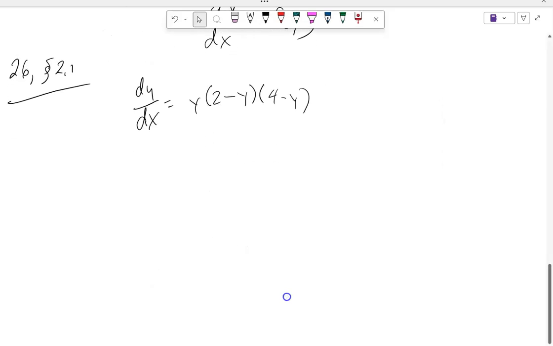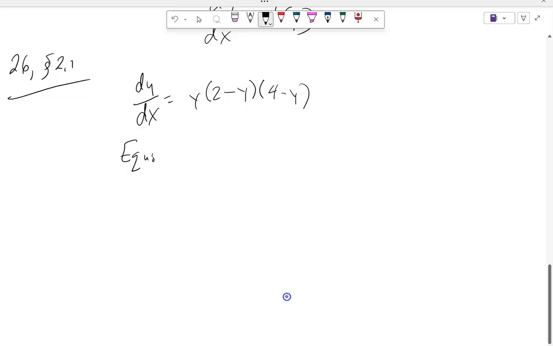So the equilibria here, and these are solutions, right? These values would work. They're equilibrium solutions. y equals 0 works. y equals 2 works. y equals 4 works. Those give you actual honest-to-goodness solutions, right? What we're going to create out of this is what's referred to as a phase portrait, if you will. That's the name of it.